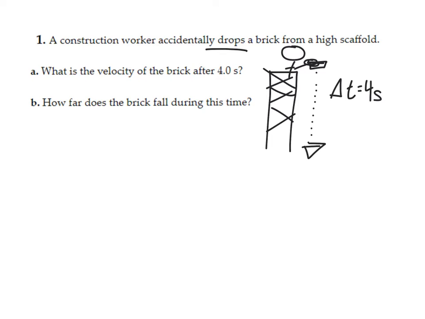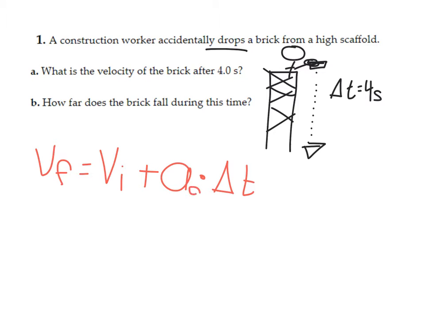Now the question is, what is the velocity? They're asking for the final velocity. So the final velocity is equal to the initial velocity plus the acceleration times the time interval. Just remember that as we're using vertical motion, this is the acceleration of gravity.